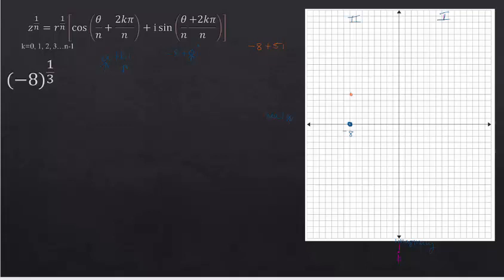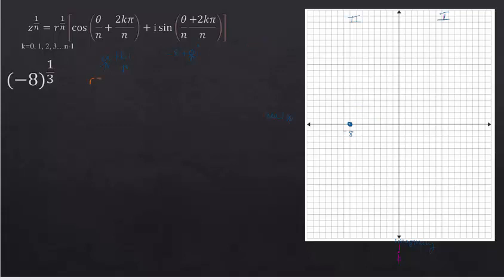So -8 plus 5i would be this point right here, and it would stand for this triangle. So this would be theta, this would be 8, this would be 5, and this would be our radius, or our r. Because in our case here, we have -8 and no height on that triangle, we don't see a triangle.